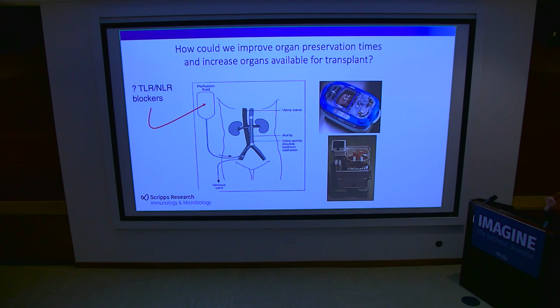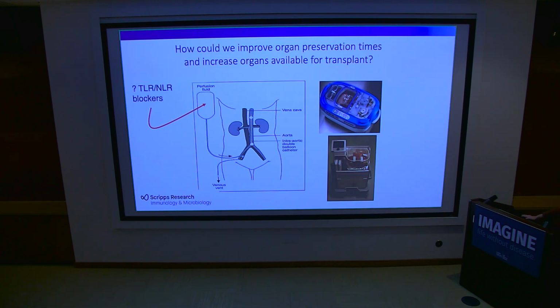So it becomes quite complex, and so giving something to the whole donor is not possible. So the only way that I think we can use therapeutics is in either these kidney pumps, and now experimentally a lot of centers are using liver pumps.